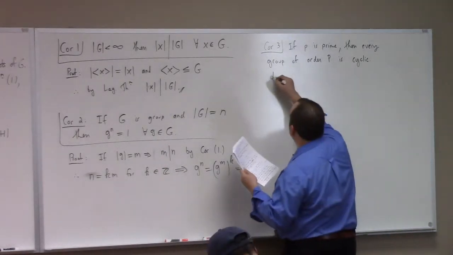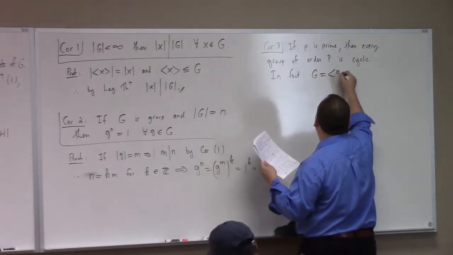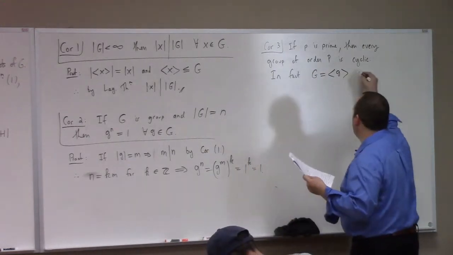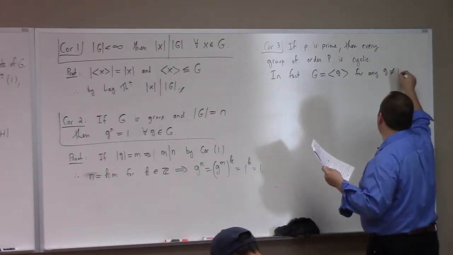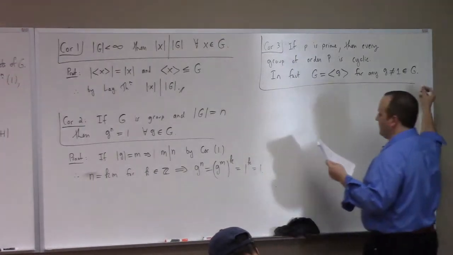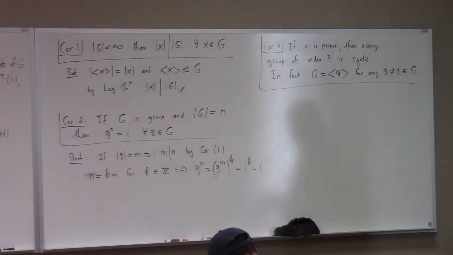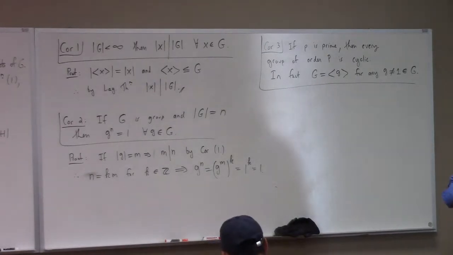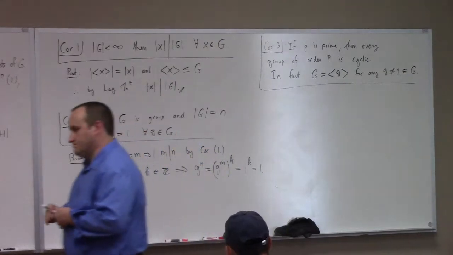In fact, G is generated by g for any g not equal to 1 in G, for such a group of prime order. How do we prove that?